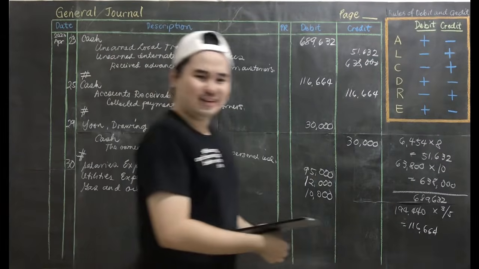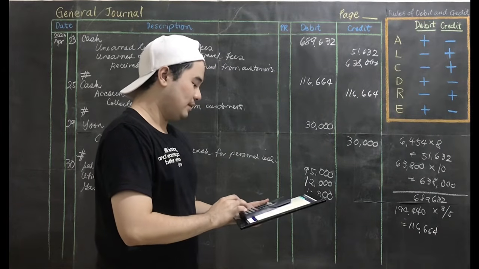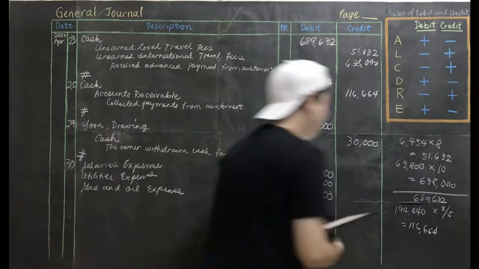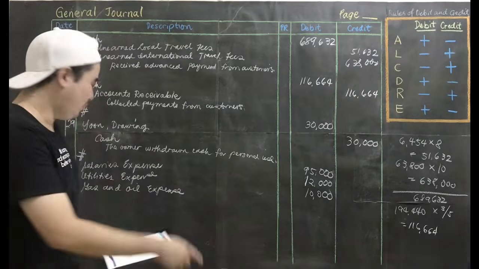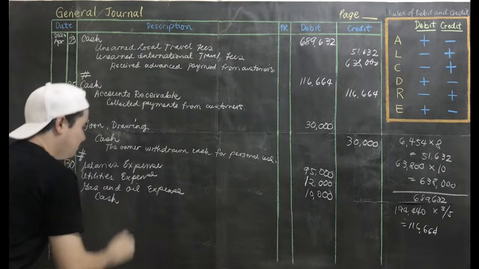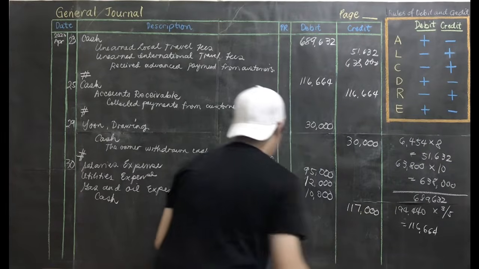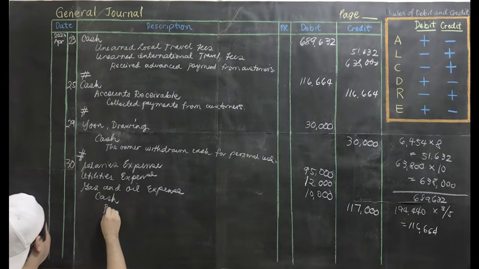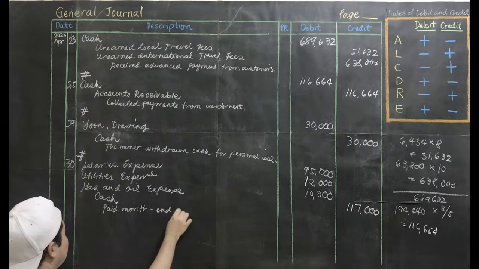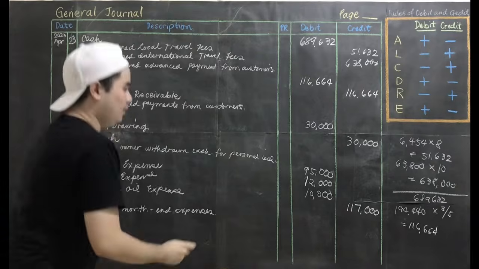Okay? Magkano kaya lahat ng expense na yan? 95,000 plus 12,000 plus 10,000 gives us a total cash outlay of 117,000. Binayaran to lahat ng cash. So, ano kay credit natin dito? Cash. And we're done.